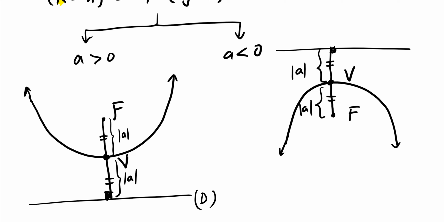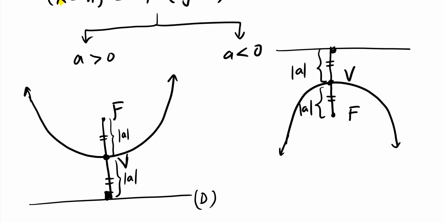So this is the first case: if it has x squared, it's going to open either up or down depending on whether a is positive or negative. The next case, we're going to see later, is when it opens to the right or to the left. But for the meantime, that's what we have.